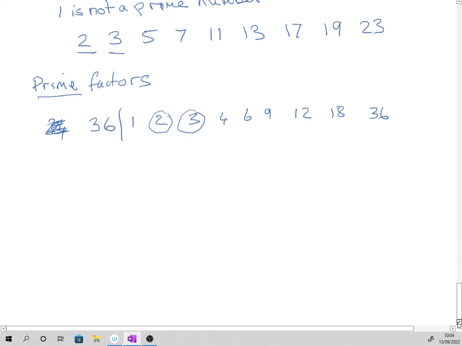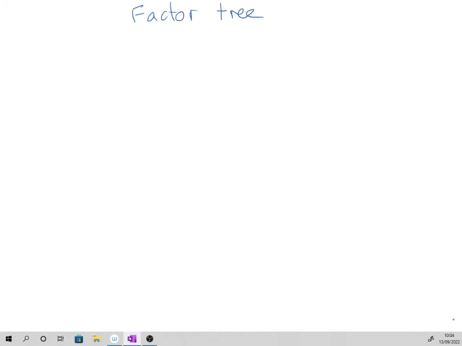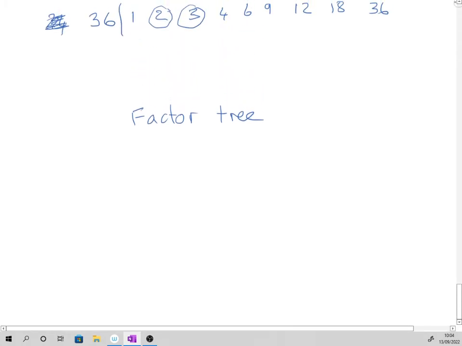Now there's a great way of working out prime factors using something called a factor tree. A factor tree is just a pictorial way of breaking down a number into its prime factors, and we'll see. So what did we do there? The number 36.